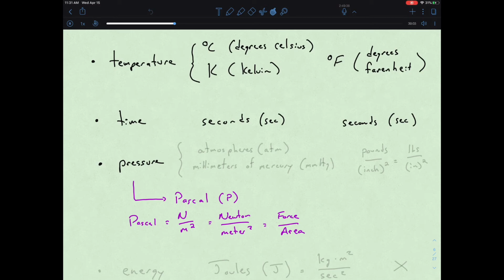In terms of what we tend to use, we tend to use atmospheres in terms of pressure, and we also tend to use millimeters of mercury.